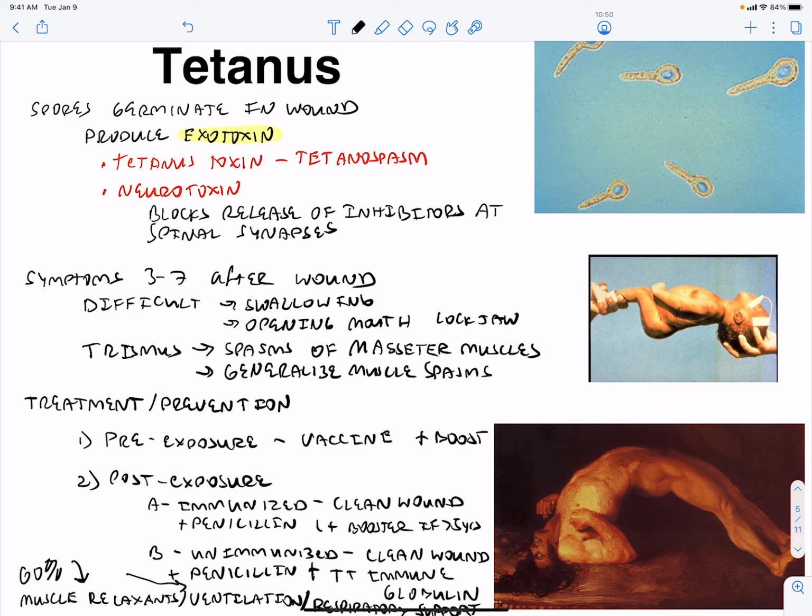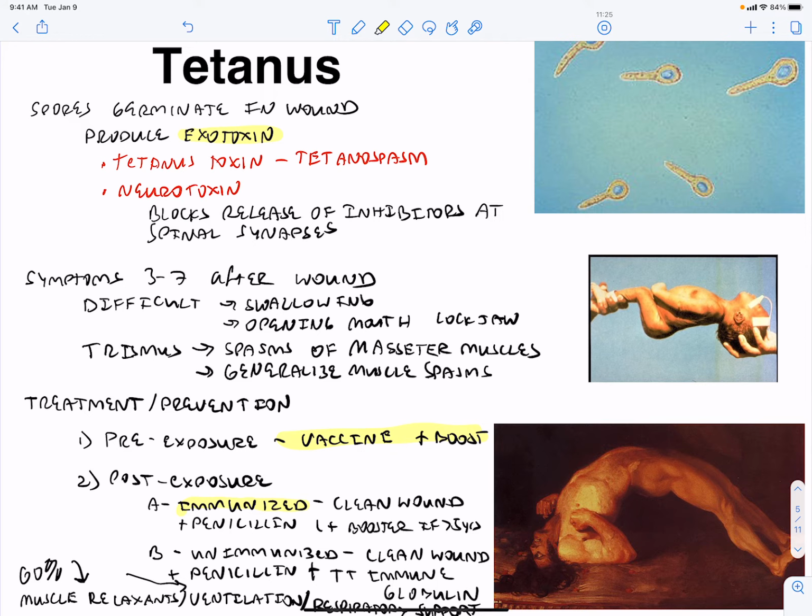So then treatment is going to be dependent upon whether or not a person has been vaccinated. So prevention obviously is going to be a vaccine, and it has to be boosted about every 10 years. If a person is exposed to tetanus, the treatment again will depend on the immune status of the individual. If the individual is immunized, you then will clean the wound, you will treat the bacterial infection with a penicillin, and then you will give the individual a booster shot if their last booster was more than 5 years ago or before the incident.